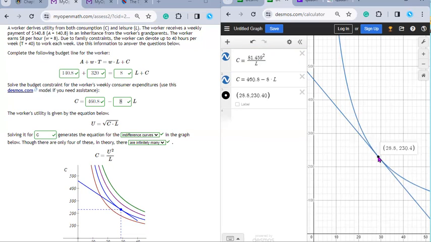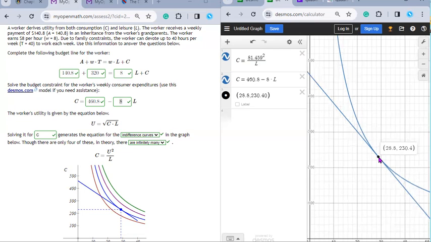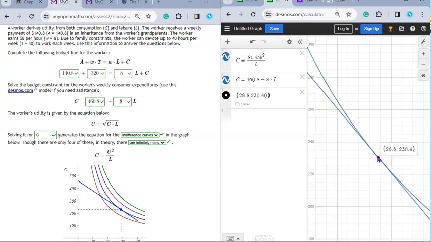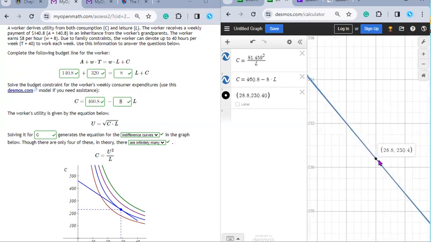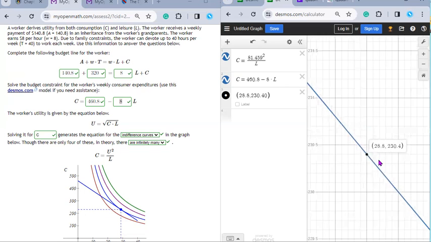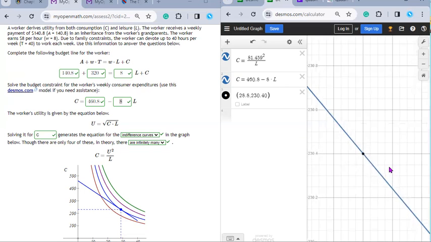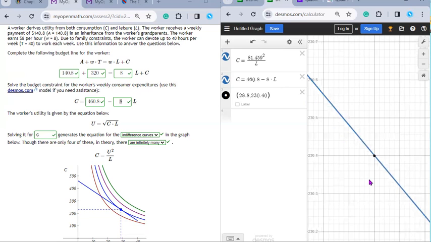Now, at this optimal solution, if I zoom in on the point, you're going to see that when I zoom in a lot, the curve itself looks like a line. If I zoom in enough, the curve and the budget line have become one. So what that means is that at the tangency point, at this optimal consumption bundle, the slope of the indifference curve is equal to the slope of the budget line.